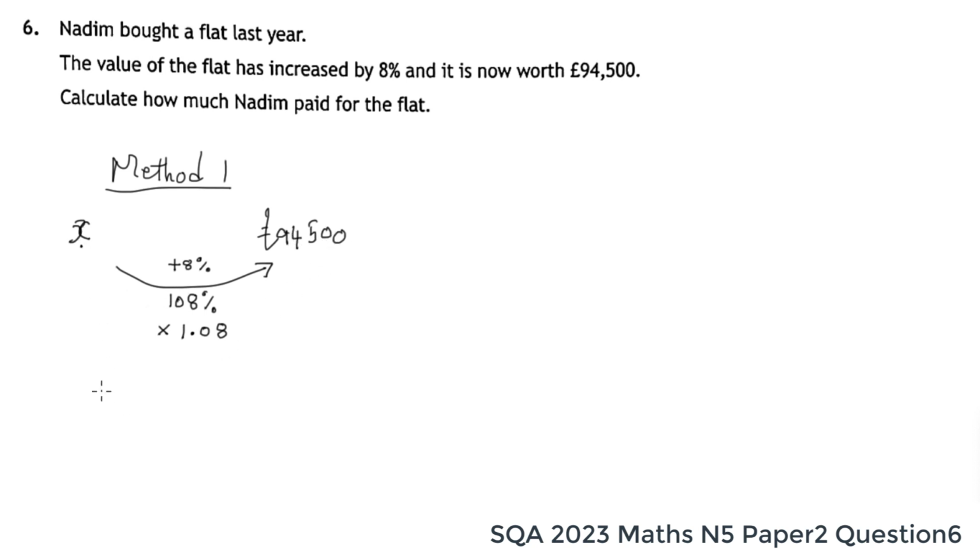Well, we'd multiply x by 1.08, and that'll give us the 94,500. So a simple equation, let's divide both sides by 1.08. And that's what we were saying when we looked at that diagram and decided we were going against the arrow. We'll do the opposite of multiplying by 1.08. We'll divide by 1.08.